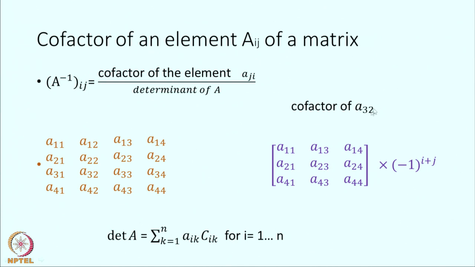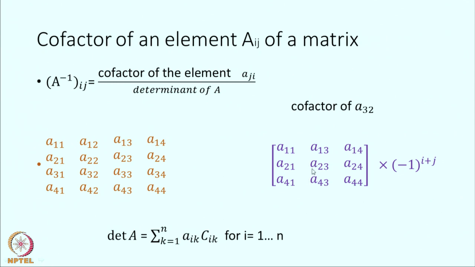Each element has its cofactor, which is given by the determinant of the matrix obtained by deleting that row and that column. So, for the cofactor of A32, I delete the third row and the second column, and I get the determinant of the lower order matrix.